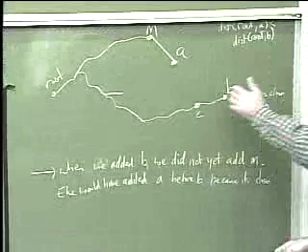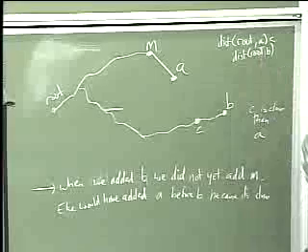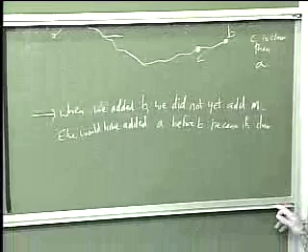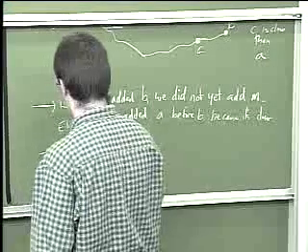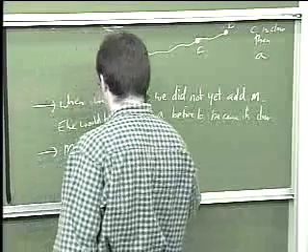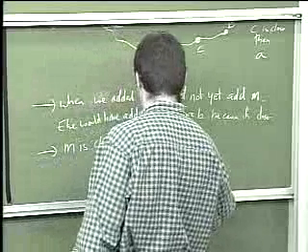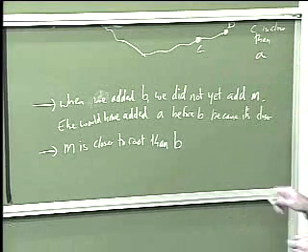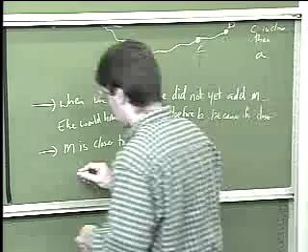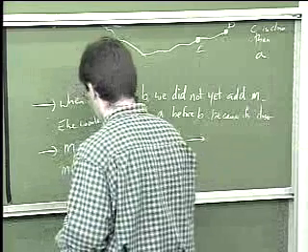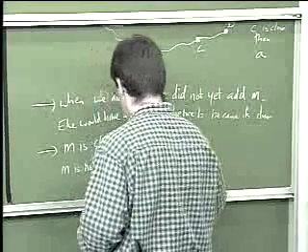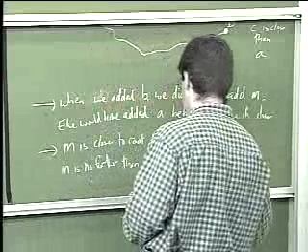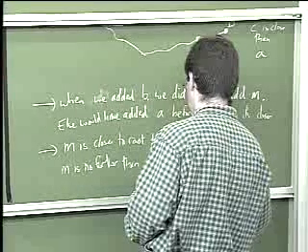But clearly if A is closer to the root than B, then M is closer to the root than B, right? And M is no further than A from root.